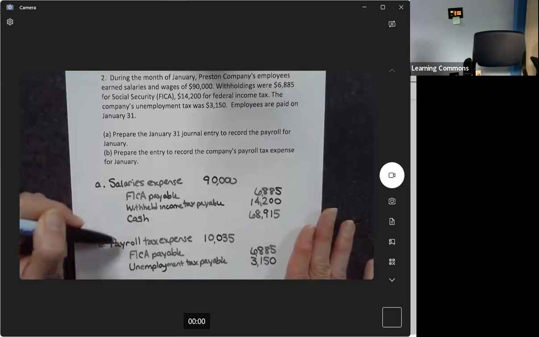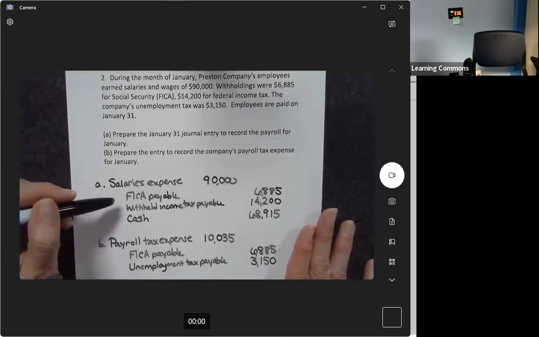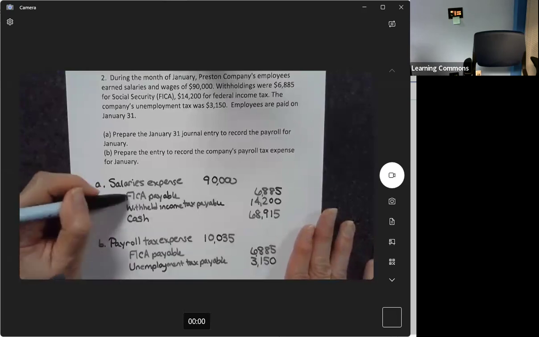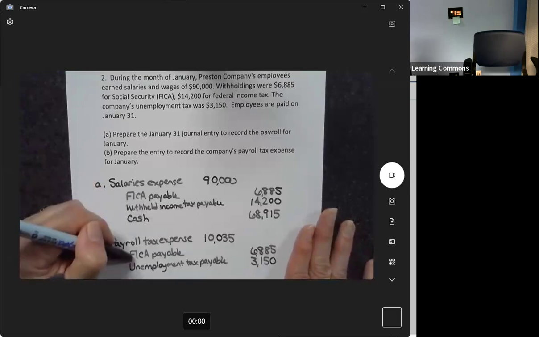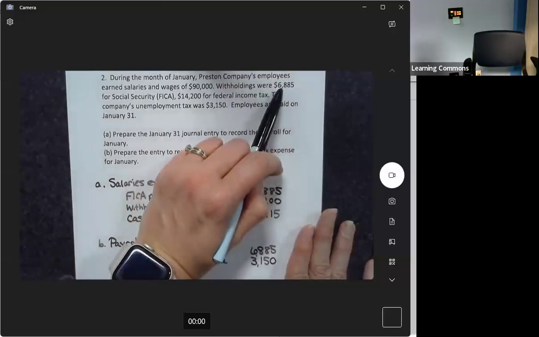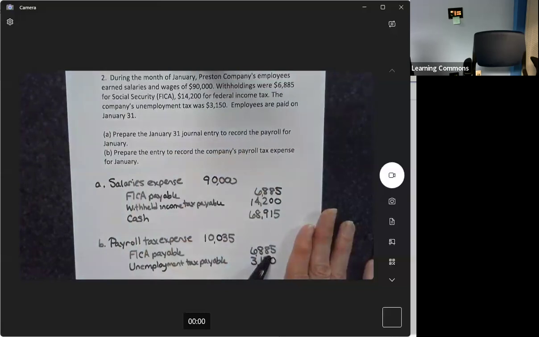But in addition to the salaries expense portion, the employer also is responsible for FICA tax matching whatever was paid by the employee. Because remember, whatever it tells you the employee had withheld for FICA tax, the company is also going to have to match that every time.